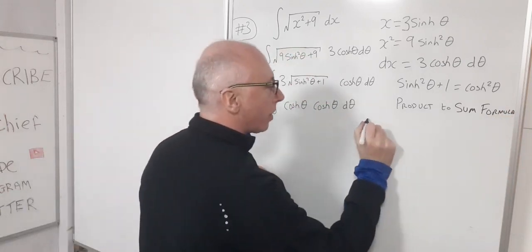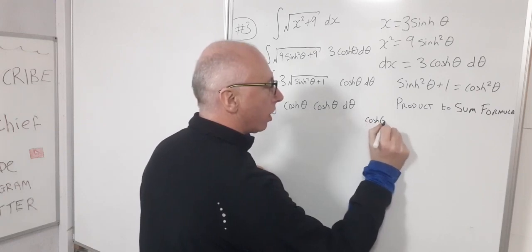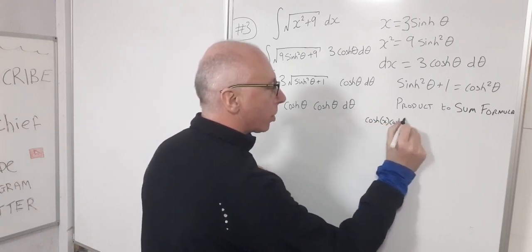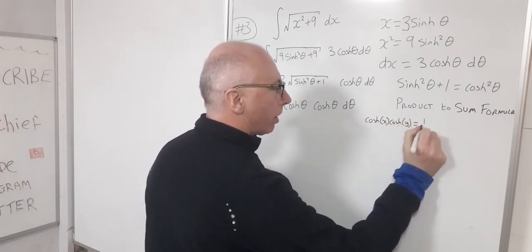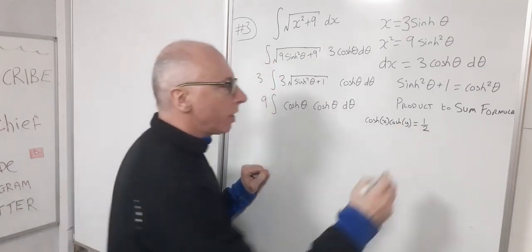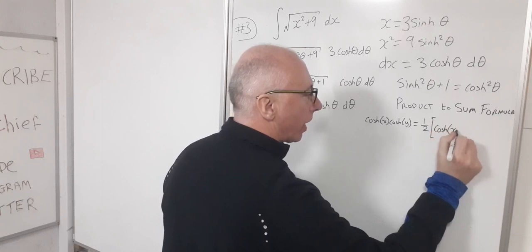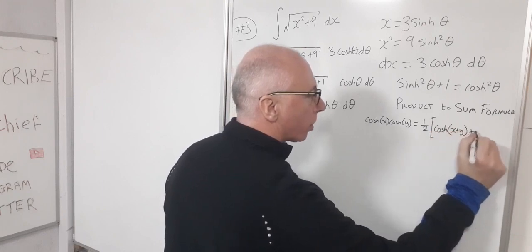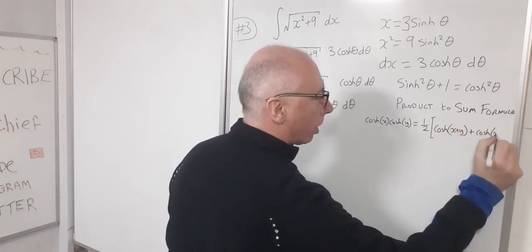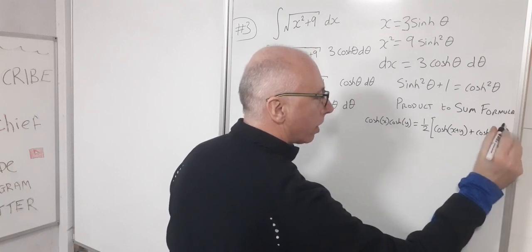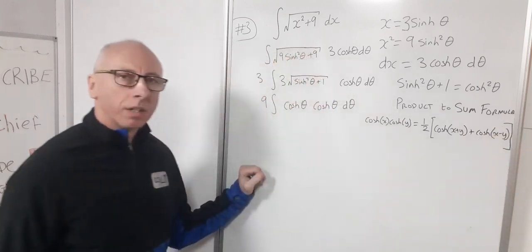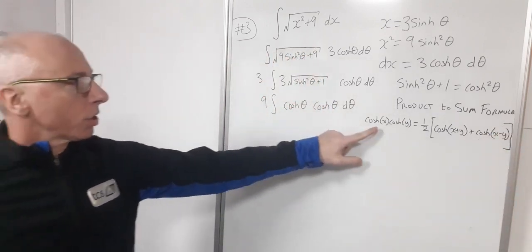So the identity for that is cosh of x times cosh of y equals 1/2 times cosh of x plus y plus cosh of x minus y.